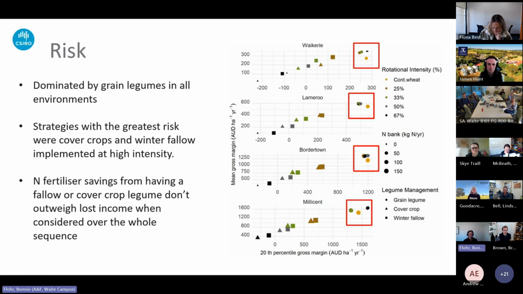The other thing on this figure was that while the grain legumes were more profitable than continuous wheat at all sites, where continuous wheat is the yellow dots, they were actually more risky in the lower rainfall environments, Waikerie and Lameroo. And this is due to a riskier environment, and therefore greater production risk of legumes in the lower rainfall environments.